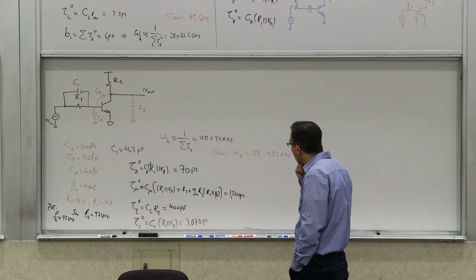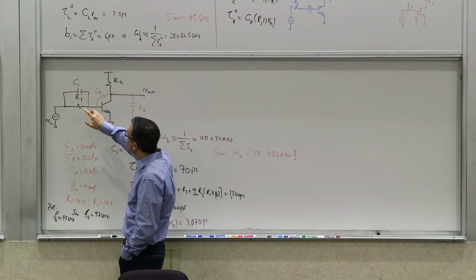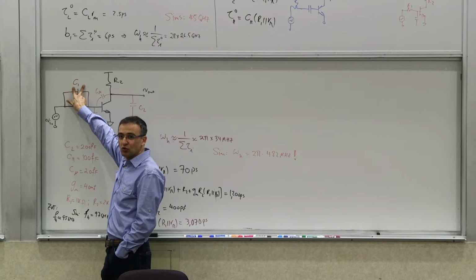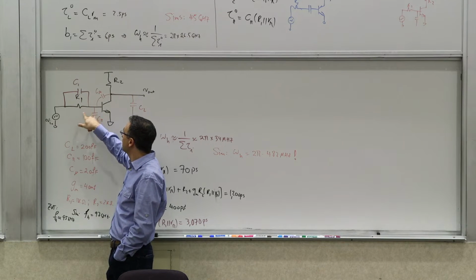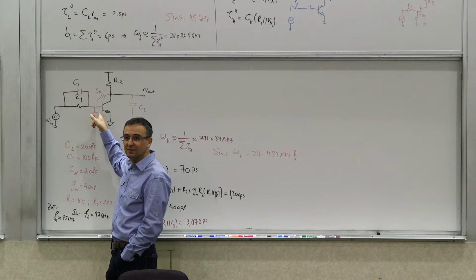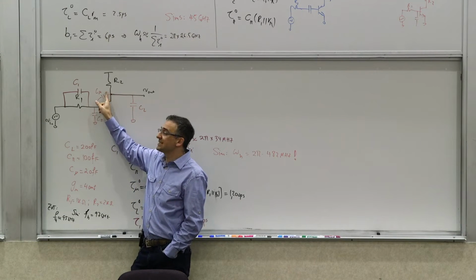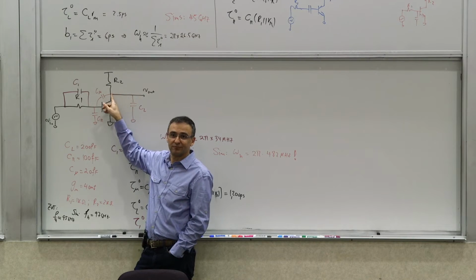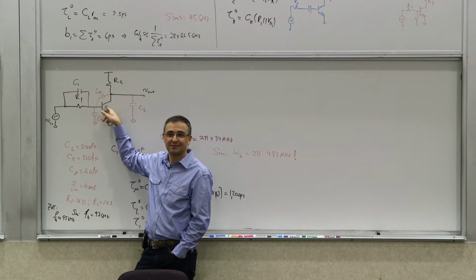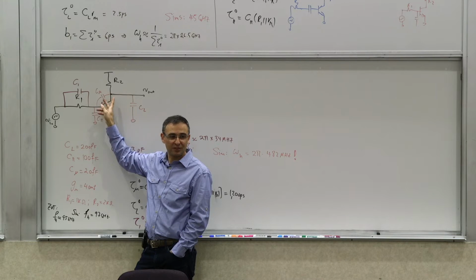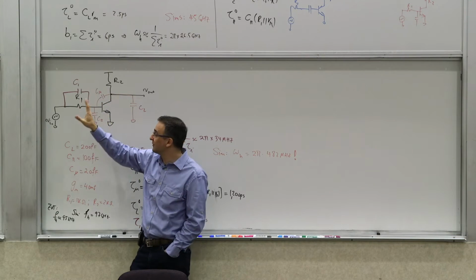Yeah, good point. He says as the frequency goes up, C1 starts getting shorted. Remember, part of your gain is coming from this resistive divider. As this guy starts fizzling out because of these capacitors, the gain of this part of the circuit starts dropping.